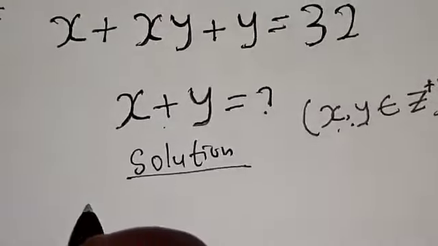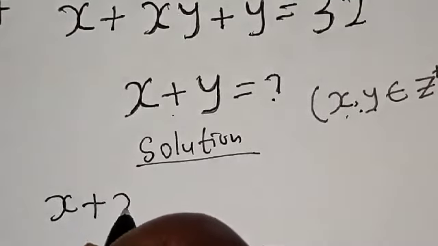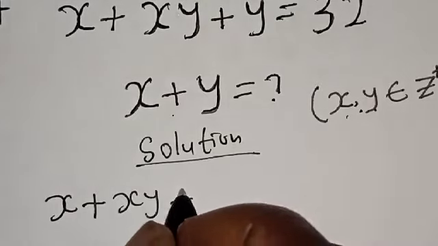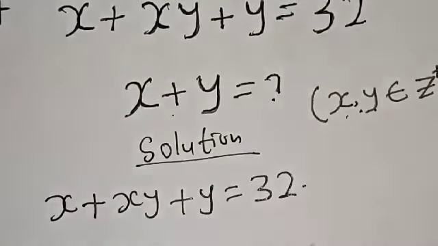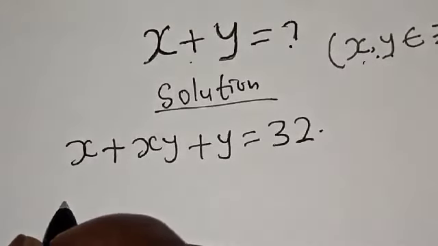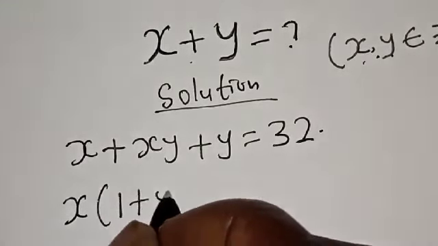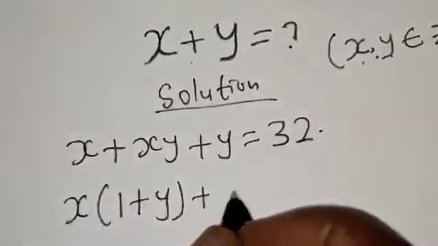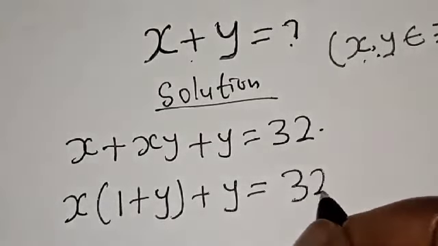Solution. We have the given equation x plus xy plus y equal to 32. Then let's factor x out here. We have x into 1 plus y is equal to 32.